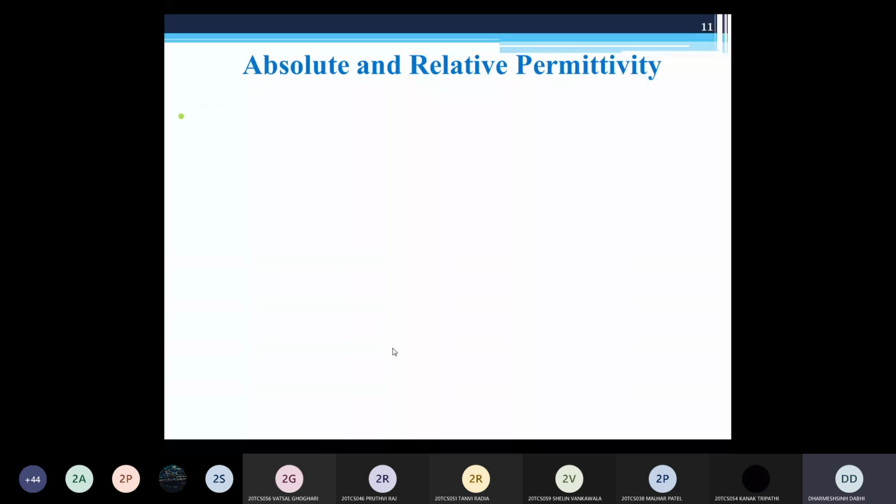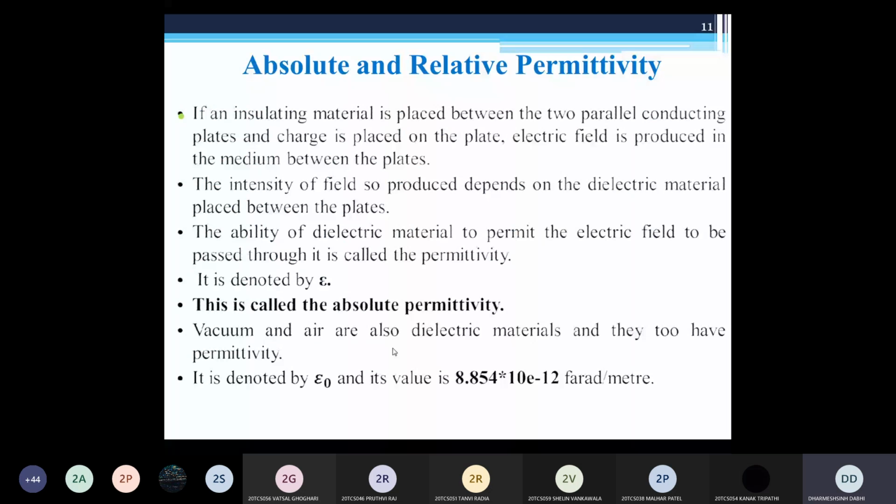Then next point is absolute and relative permittivity. So as we know that different insulating materials have different relative permittivity. Only air and vacuum has the same relative permittivity, that is equal to 1. So if insulating material is placed between two parallel conducting plates and charge is placed on that plate, electric field is produced in the medium between the plates.